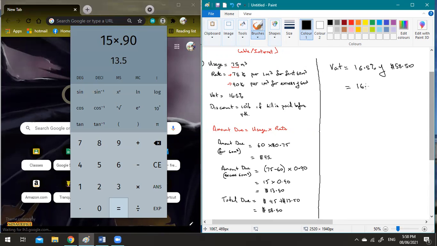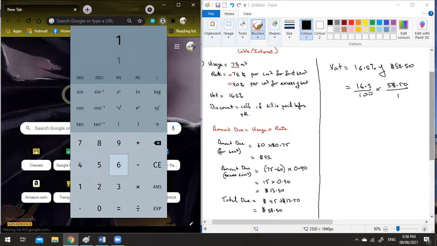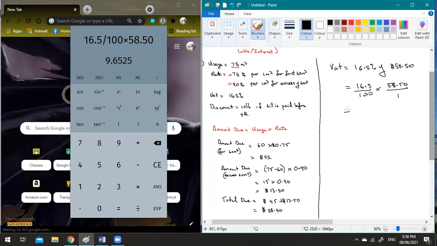So this is 16.5 over 100 multiplied by 58.50 over 1, right? So 16.5 divided by 100, that is percentage, multiply by $58.50. So the VAT amount is $9.65, rounding it off, right?